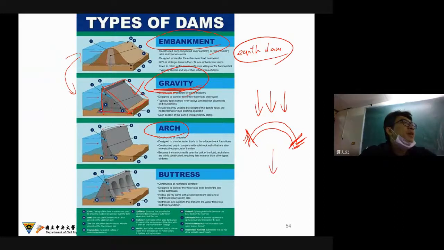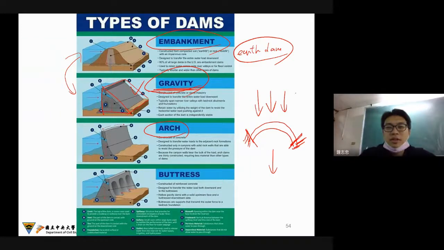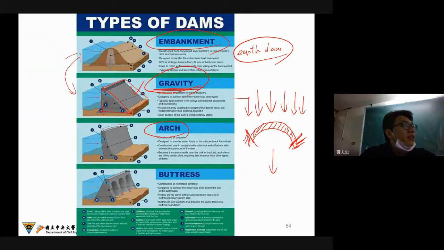From the basics of the mechanism, you will understand that if I have the lateral water pressure from the upstream, how can we transmit the pressure in this kind of arch dam?